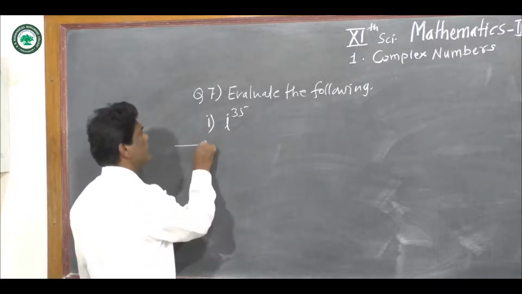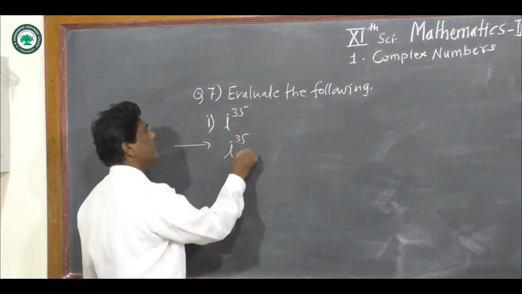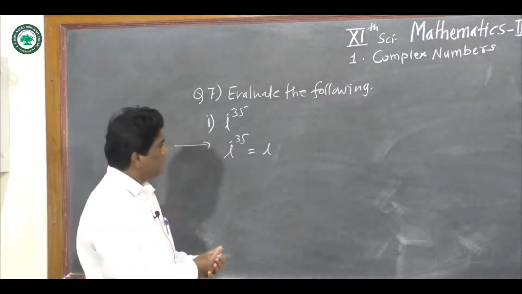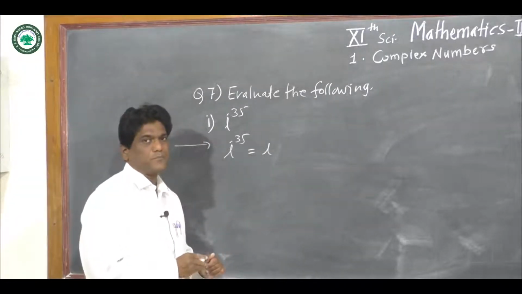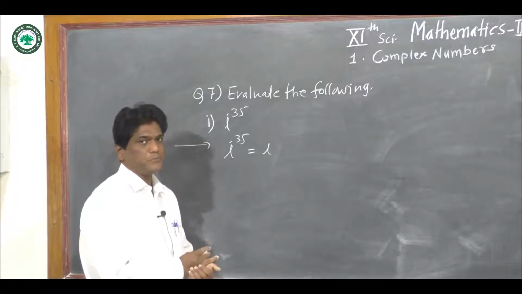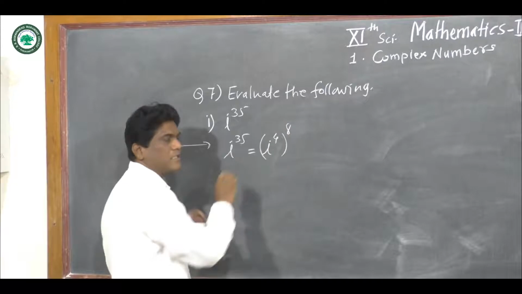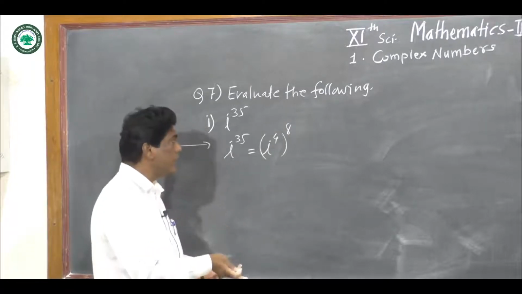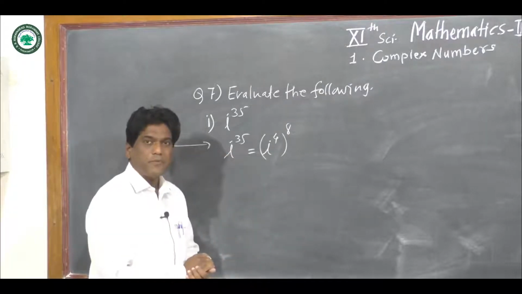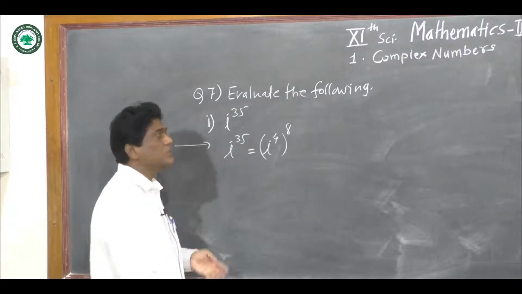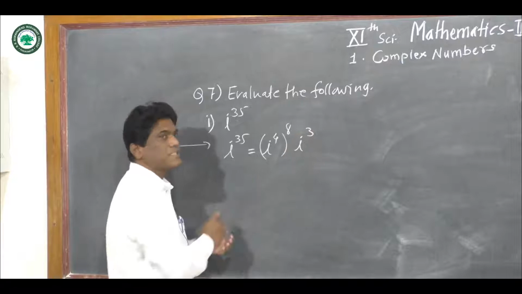So the solution of this: we write i to the power 35 equal to i to the power, we know the table of 4, 4 8s are 32. So i to the power 4 to the power 8, 4 8s are 32, and how much? 35: 33, 34, 35. That means 3 is the remainder. So we write here i to the power 3 separately.